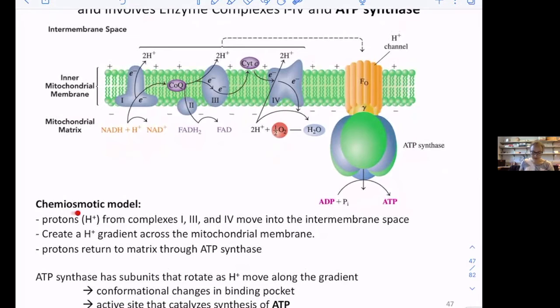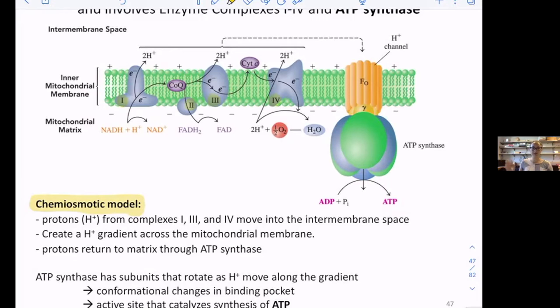The chemiosmotic model says that protons from complexes 1, 3, and 4 are moved. Those 4 blue shapes are protein enzyme complexes that have activity. I highlighted the numbers 1, 3, and 4 for you to see.